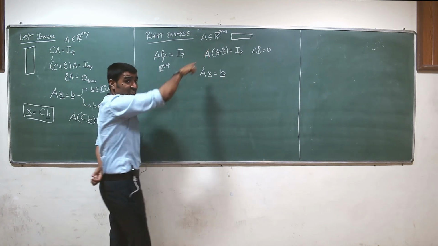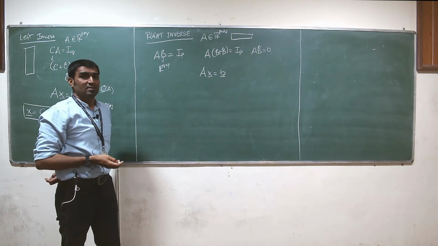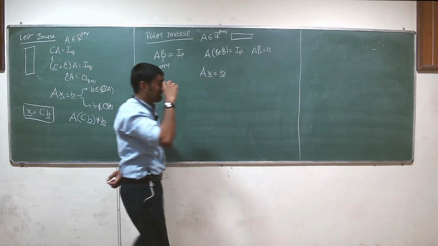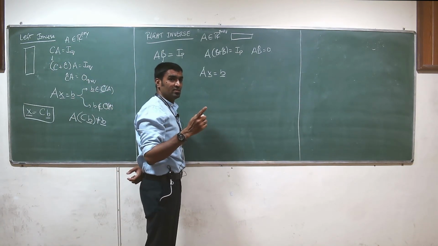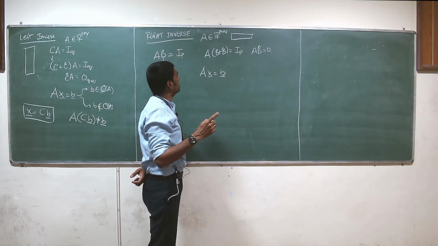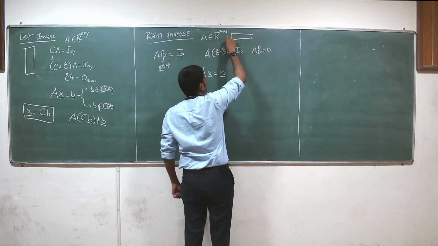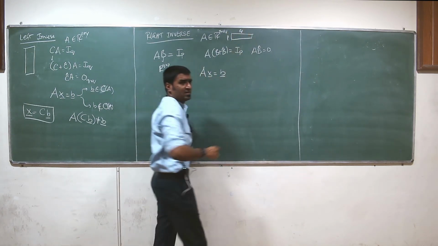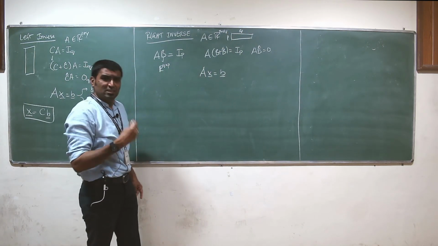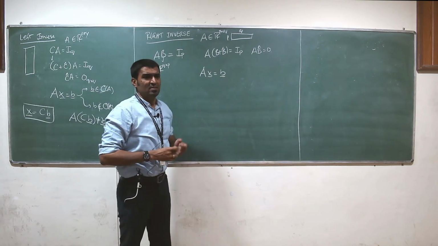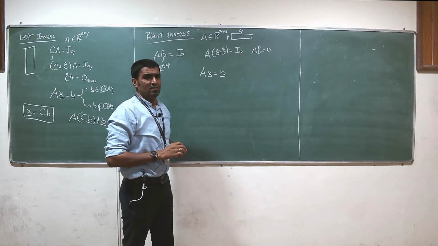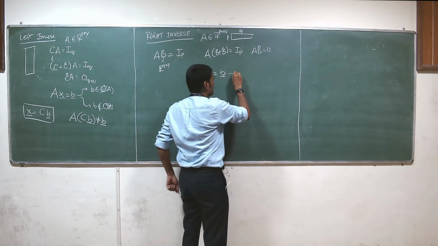If it's fat but still full rank, is that the only possibility? Here P is less than Q. It's full rank. That means the rank is P. The only possibility is this.